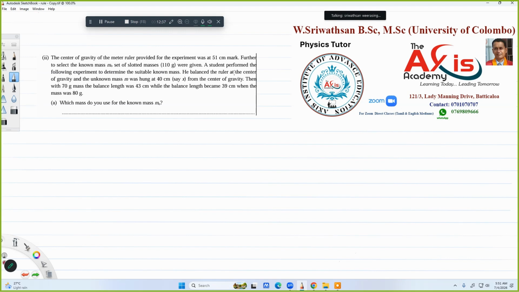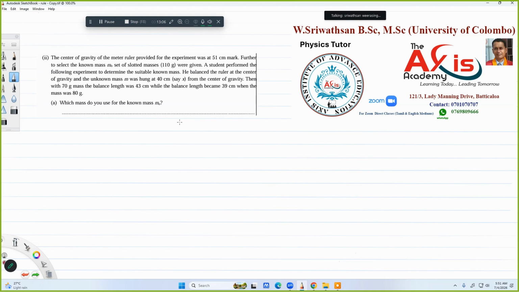He balanced a meter ruler at the center of gravity, and the unknown mass M is hung 40 centimeters, say x, from the center of gravity. Then, with 70 gram mass, the balance length was 43 centimeter, while the balance length became 39 centimeter when the mass was 80 gram.